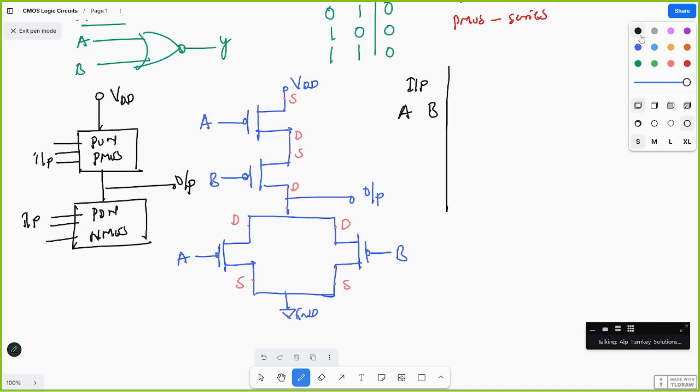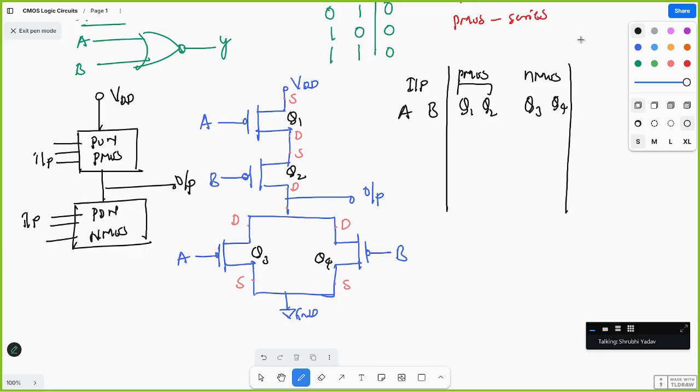Let us take Q1, Q2 for PMOS, and next Q3, Q4 for NMOS, with output Y. Someone asked: for NMOS you have put bubbles on A and B?